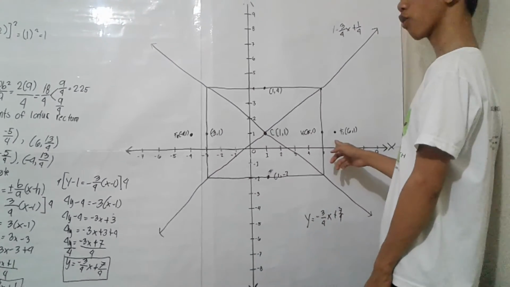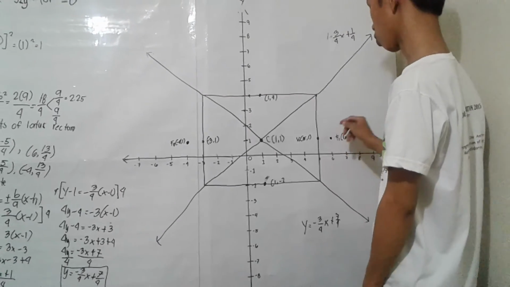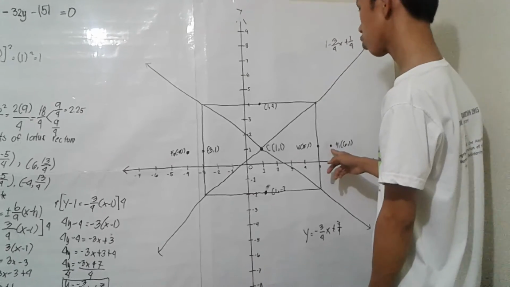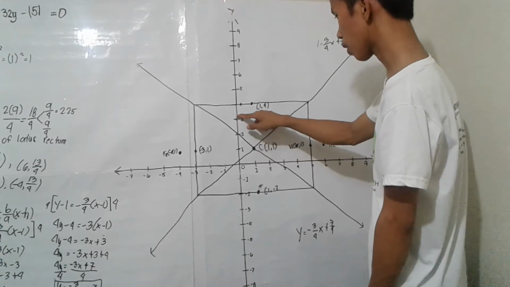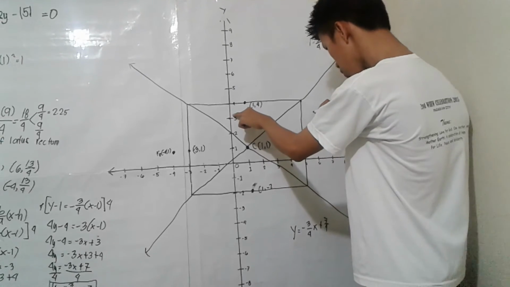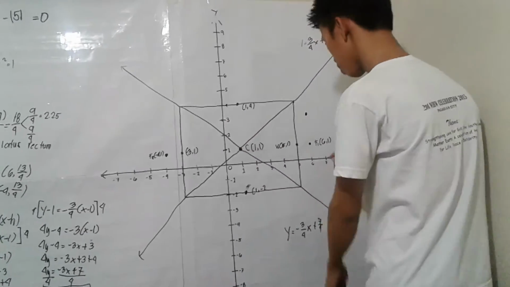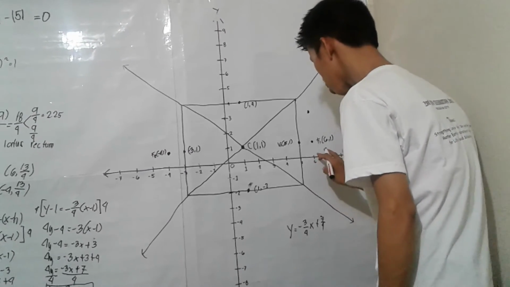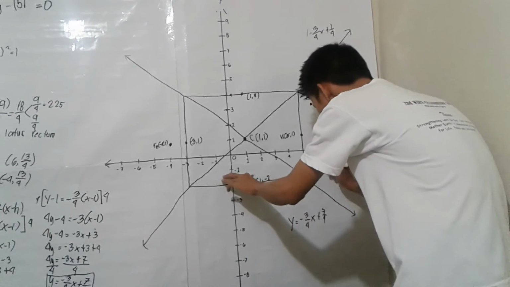So through these foci we can draw the endpoints of the latus rectum. So from here add 9/4 or 2.25. So count 1, 2, or 2.25, something here. And add 2.25, and then subtract 2.25.